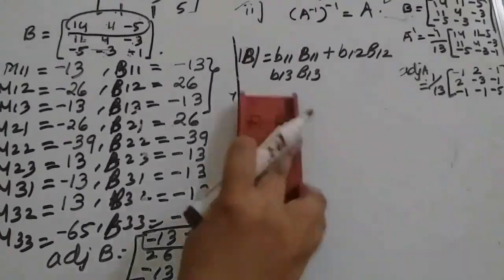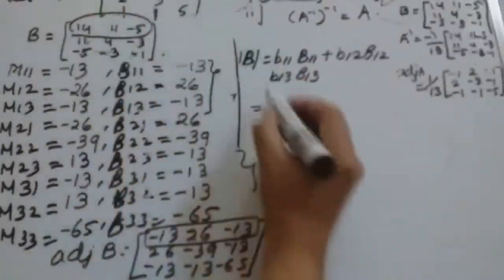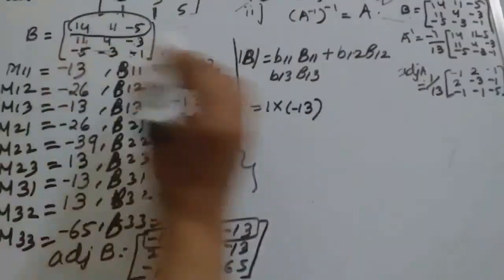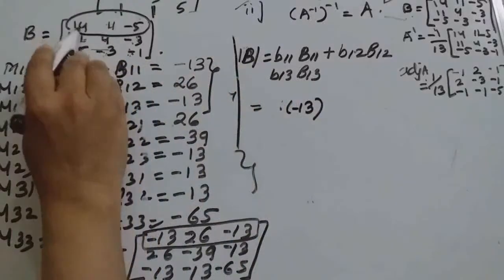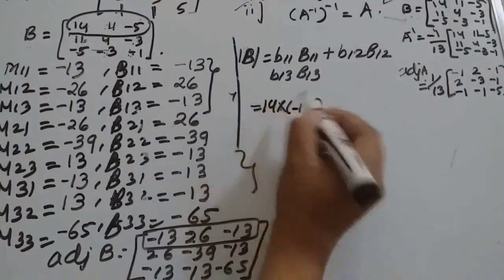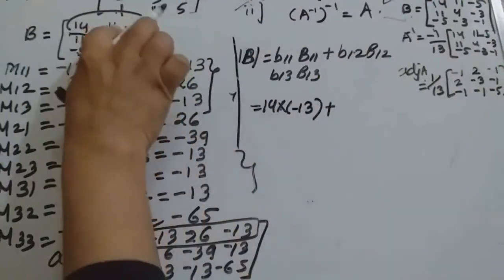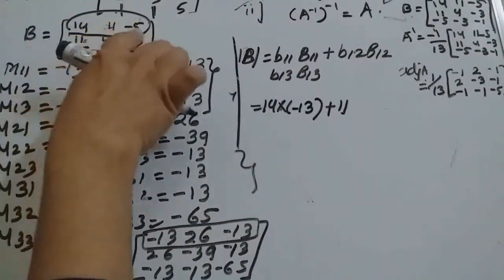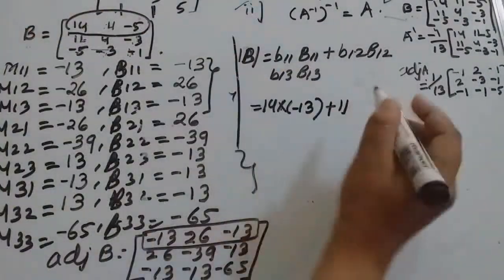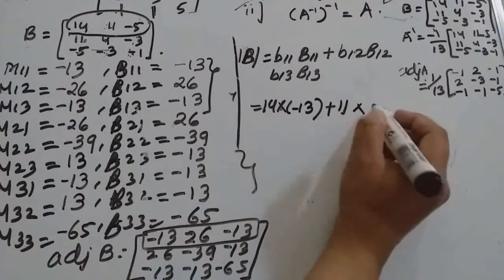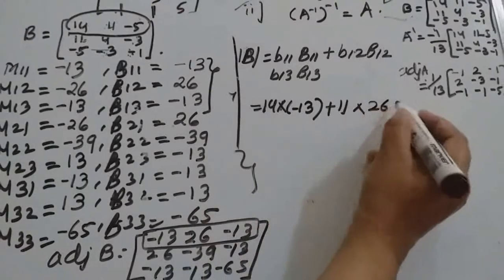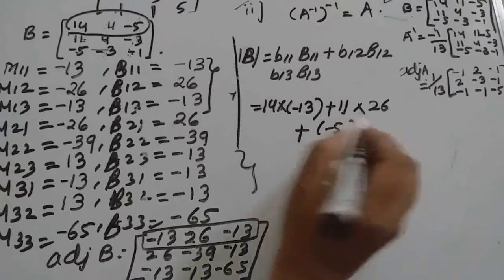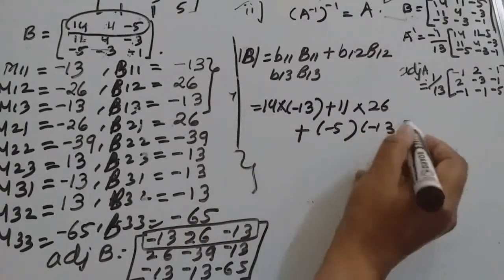Now 1 into minus 13, 14 into minus 13. B11 is 14, then B12 means 11, this matrix. All b11, b12 and b13 elements will come from B matrix. Then B12 means 26 plus B13 means minus 5 and here this is minus 13.